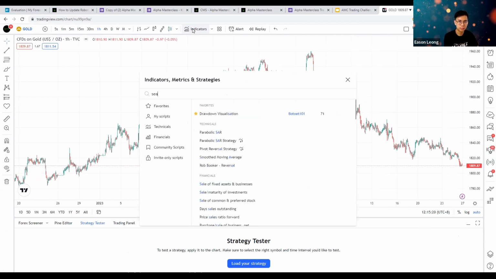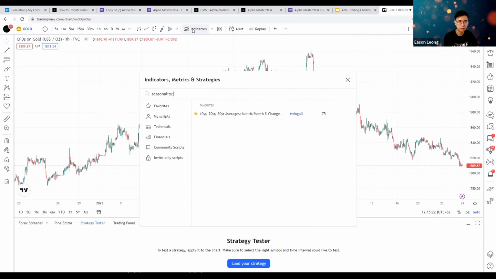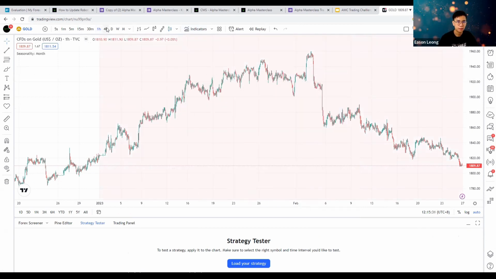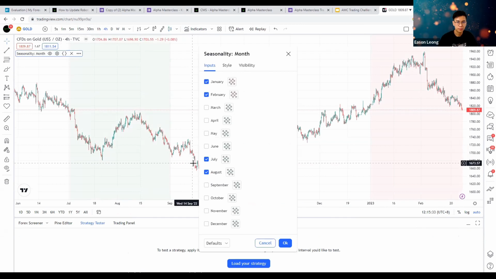You can just search seasonality monthly highlight, this one. Okay, you can put a star here to bookmark it. Then you can put it in. I would like to see on this too.